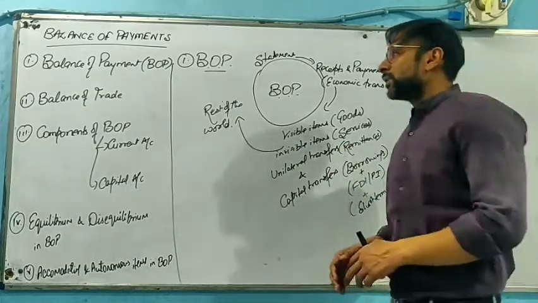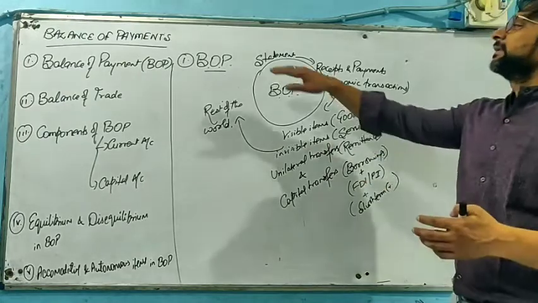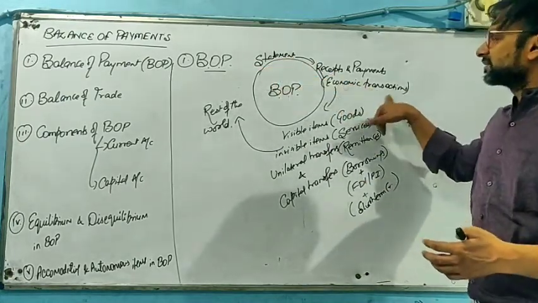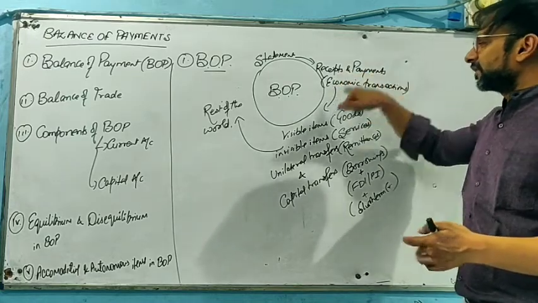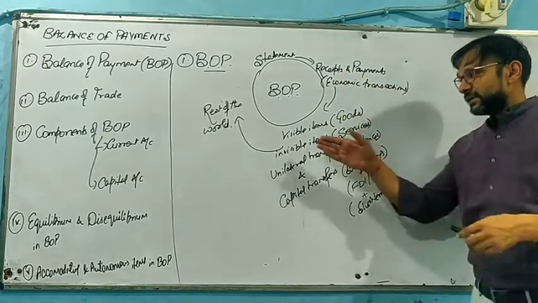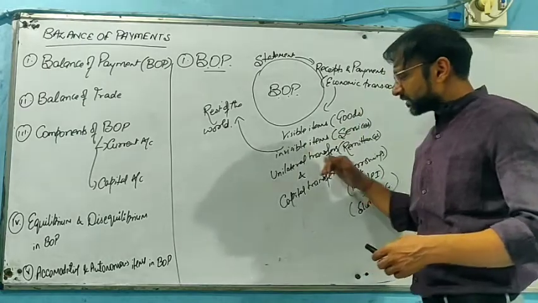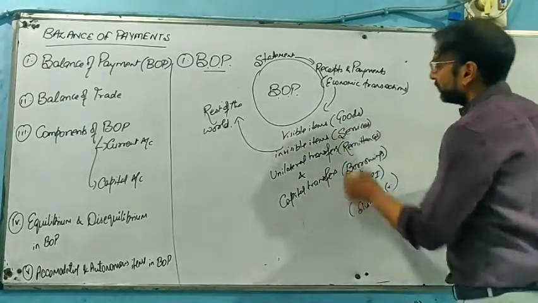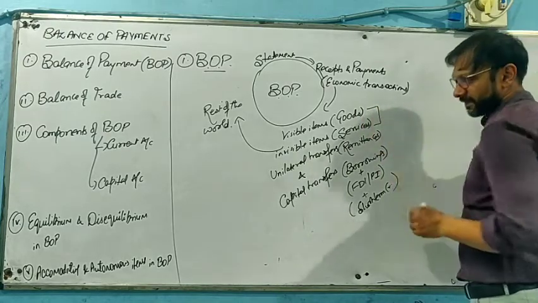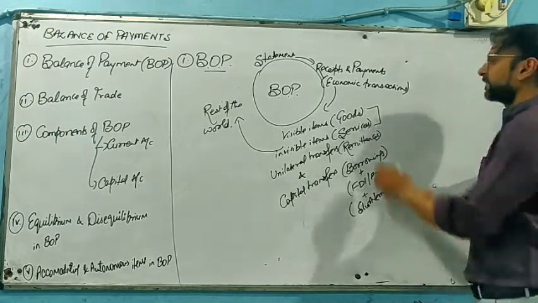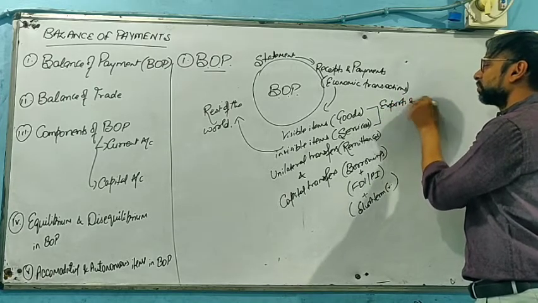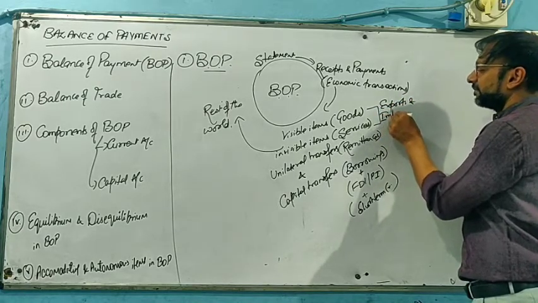Now, our definition again says BOP is a statement concerned with all the economic transactions of receipts and payments of invisible items, visible items, unilateral transfers and capital transfers with the rest of the world. With this aspect, visible items and invisible items come under the terms of exports and imports.